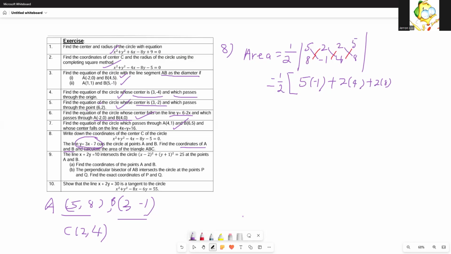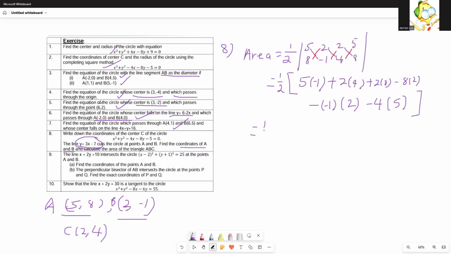So how does it work? You can actually go for minus 8 and 2, minus negative 1 and 2, minus 4 and 5.